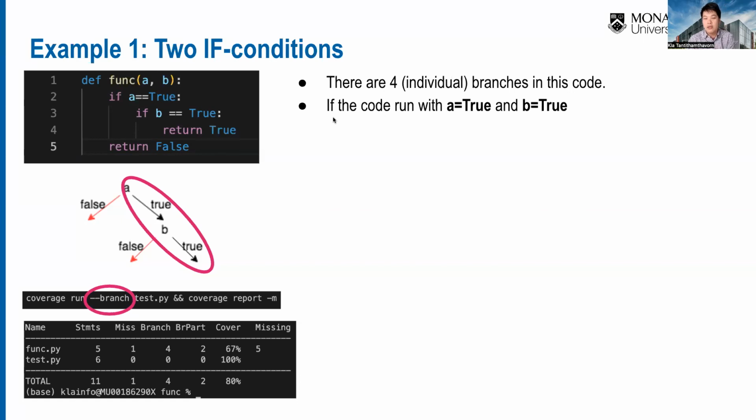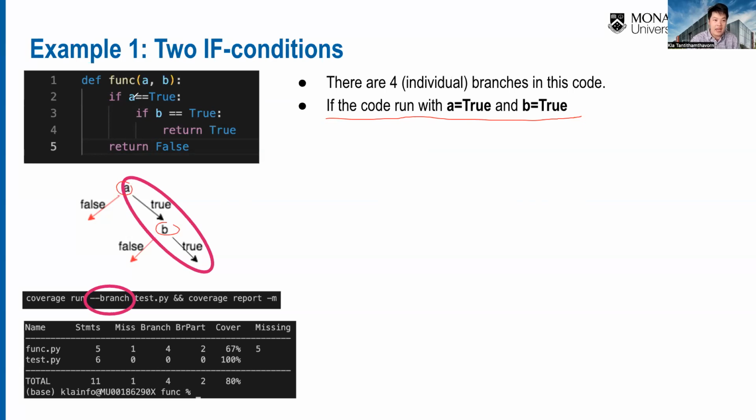If this is a test case, where we input A equal true, B equal true, what is the branch coverage? Based on this code, we understand the internal structure, and then we draw the branch tree.